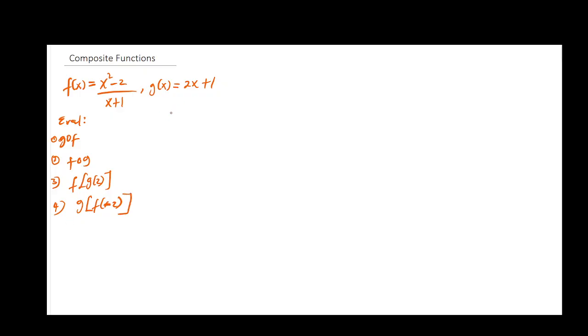Now let's start from the first one, which is g of f, which is equal to g of f of x, meaning we substitute f of x in g, and our g is 2x plus 1.